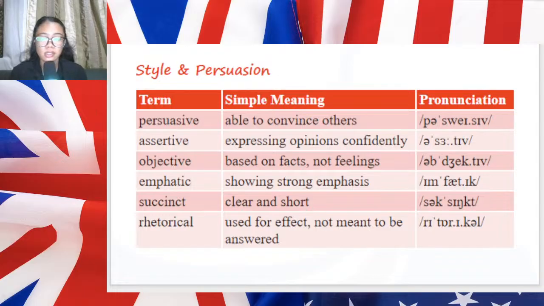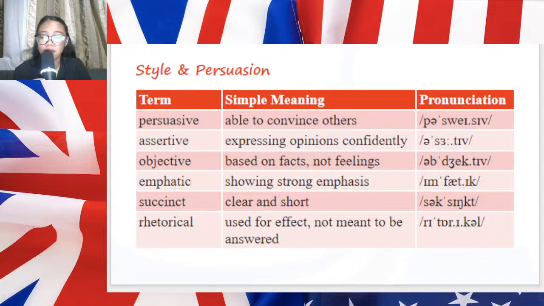I unintentionally explained it twice, but we move on with objective, which is based on facts, not feelings. It means being neutral and not letting personal opinions or emotions affect decisions or judgments. In writing, it's about sticking to facts and evidence.